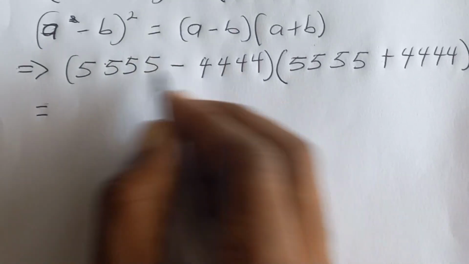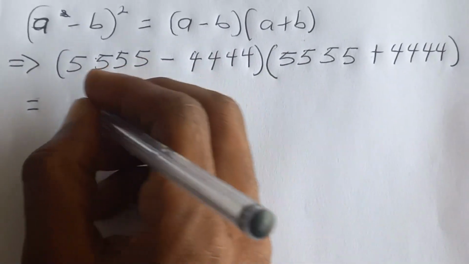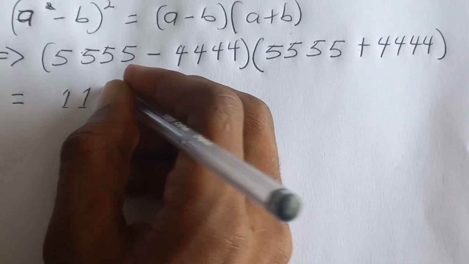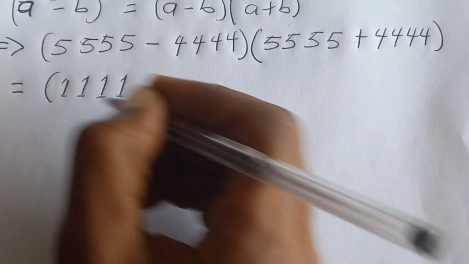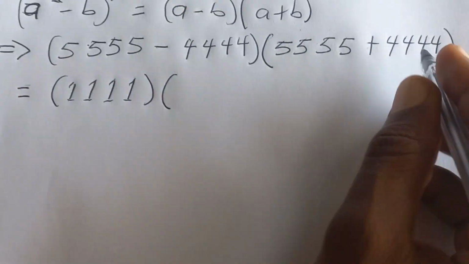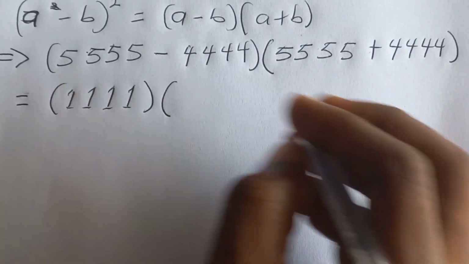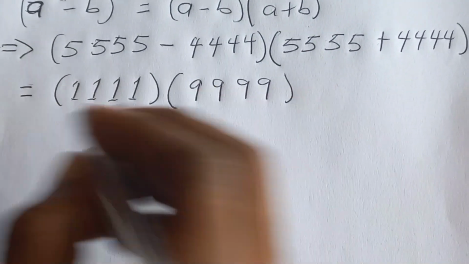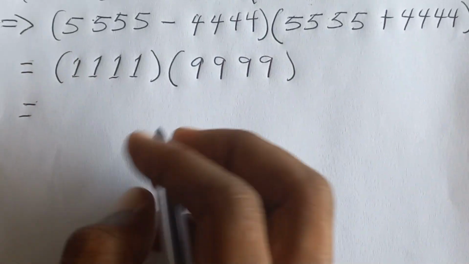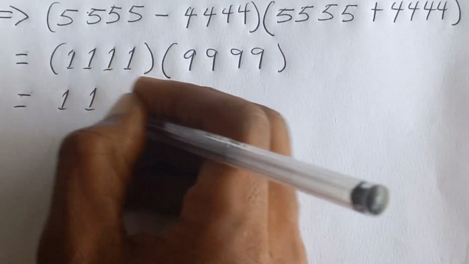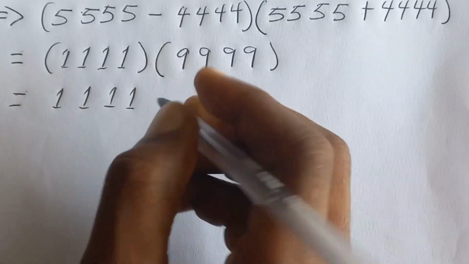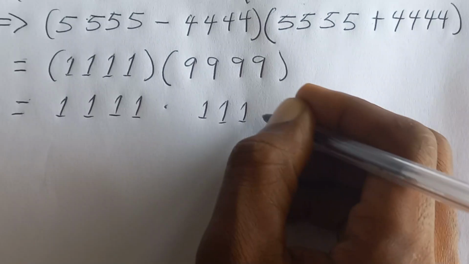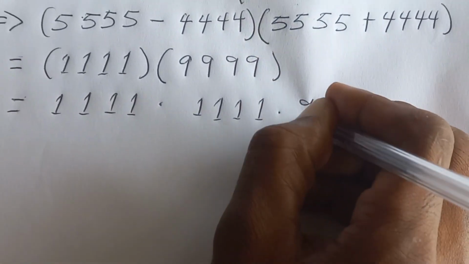When you subtract this, we are going to get 1,111. And this one, we are going to get 9,999. So from here, we can write this as 1,111 multiplied by 1,111 times 9.